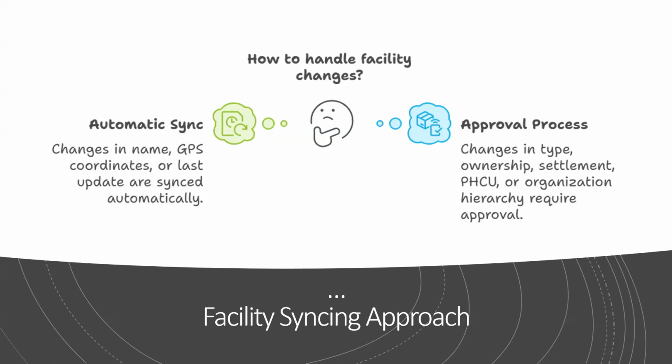It should appear automatically, because the regulator said the name of this facility is this one, so we have to accept that. Such a change is approved automatically. However, if we change type, ownership, settlement, PHU, or organization hierarchy, it should go to an approval process, because there are corresponding or consecutive actions that need to be taken, like assigning a dataset and creating users.